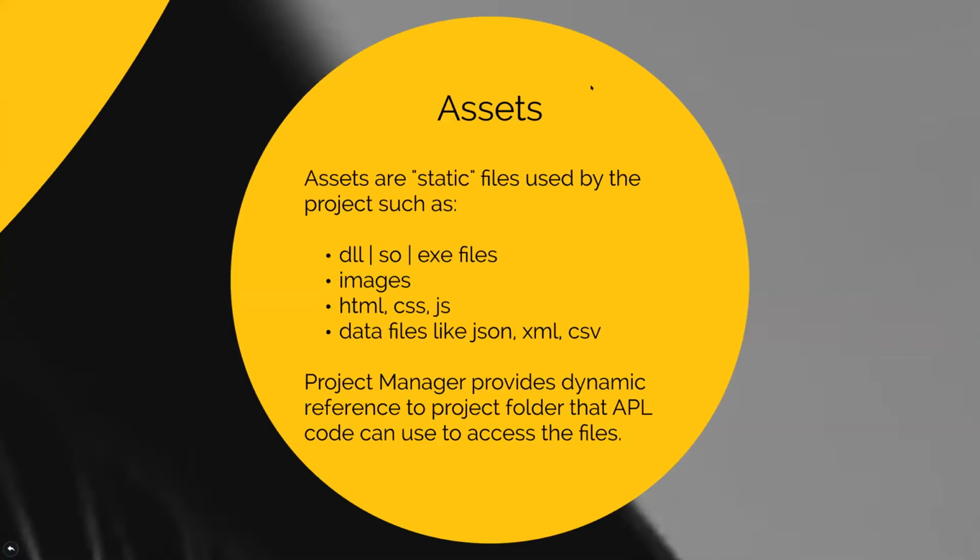I might be editing them just as much as my APL. I might have a snippet of JavaScript that I'm editing as part of making a new release of my project. But it is static in the sense that you're not dynamically changing it by the application. Well, the APL source code also is not being changed. Yes, the APL source code is also static.